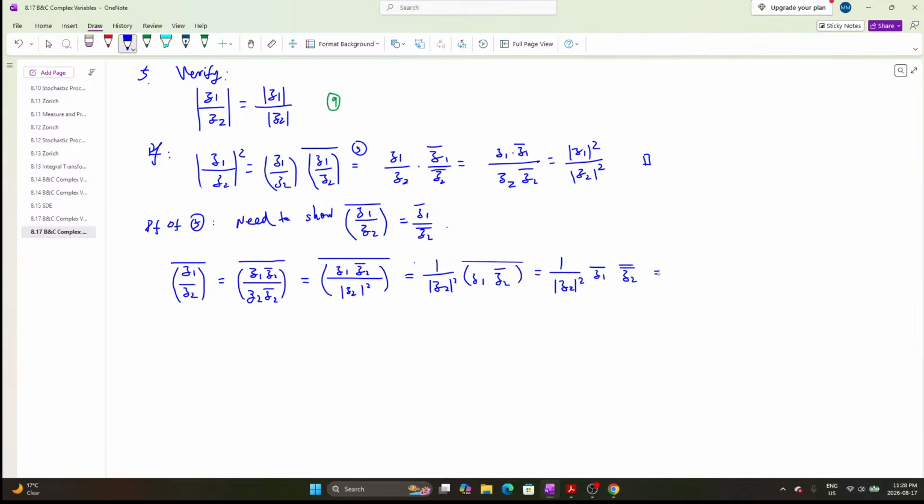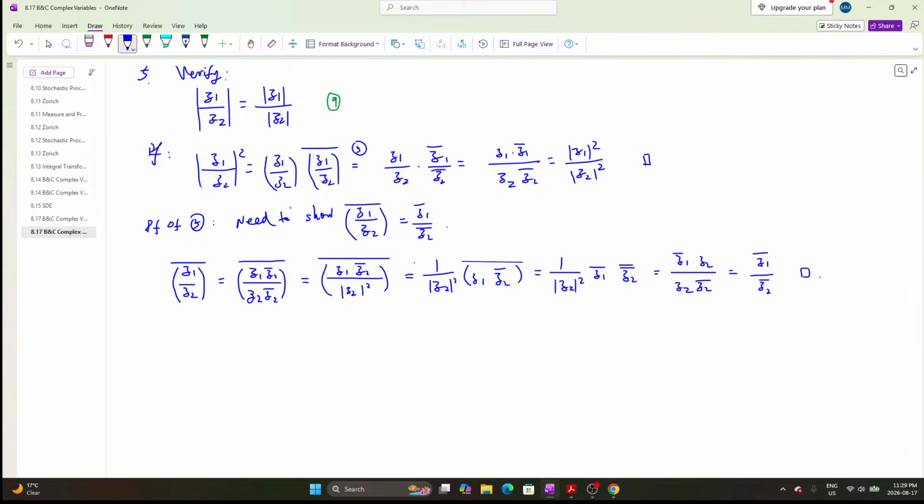And now we can also rewrite z2 modulus squared as z2 times z2 bar. On top you have z1 bar z2, because z2 double bar is z2, and now z2 cancels. This way you get z1 bar over z2 bar. And we're done. Okay, so that's the proof of 5.